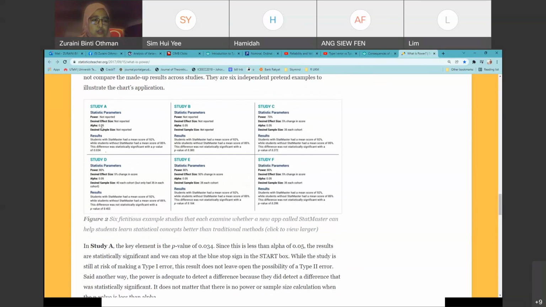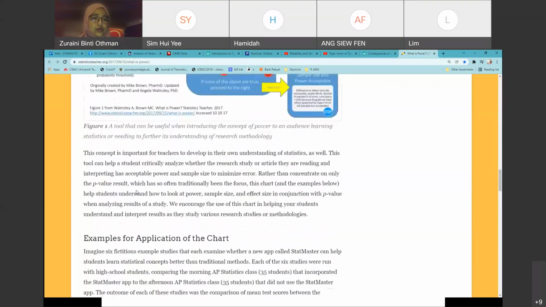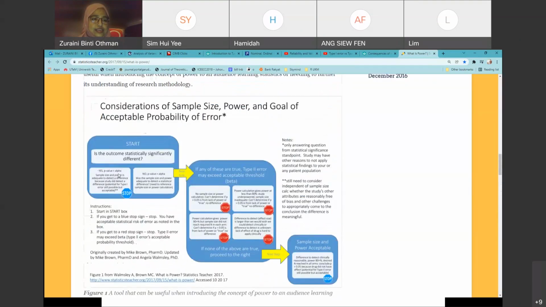This is alpha 0.05, and this is our p-value. We found that our p-value of 0.034 is less than 0.05, so study A will be located at this stage. Then it may stop.